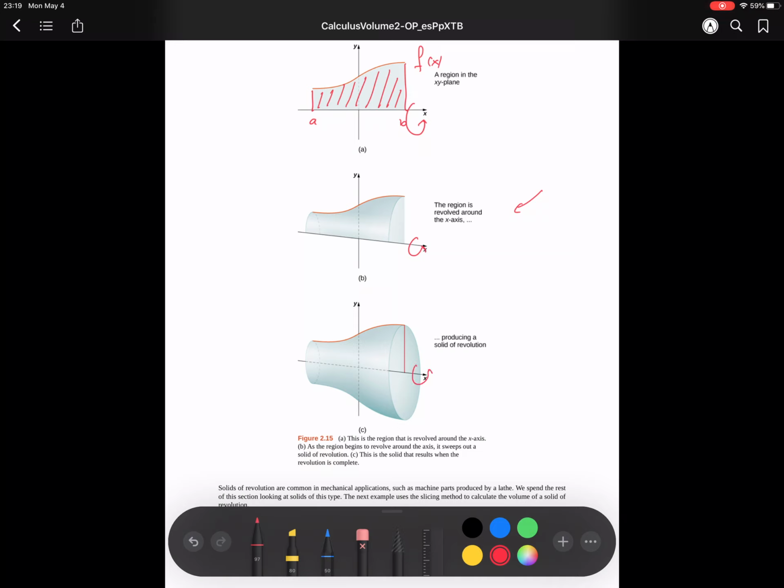That's what we mean with a solid of revolution. This is when a region that we take is turned around an axis, which is in this case the x-axis. We will also take other axes, but for now the x-axis, and we produce a solid of revolution by turning it around.